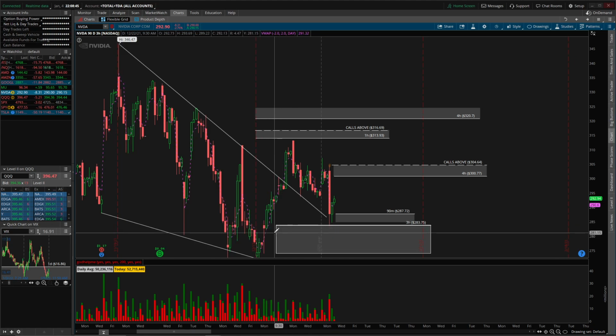So right here, you have a nice basing candle, small body, followed by a big green candle, and the open is the start of this 3-hour zone, 283.75. Again, I like to choose the lowest point between these two candles. Since this green candle doesn't have a wick, I automatically go to this red one, and that's where the end of my zone would be.